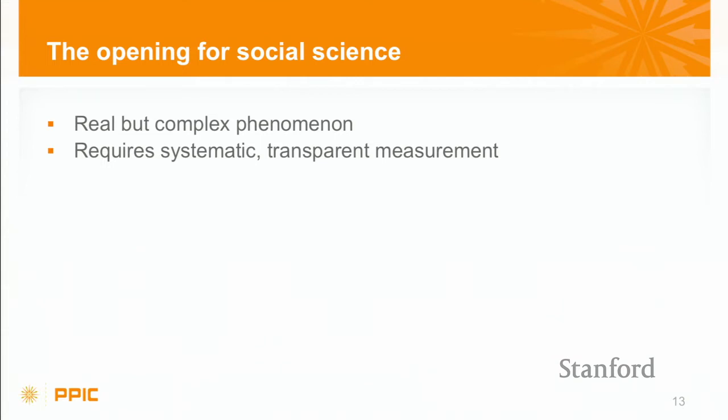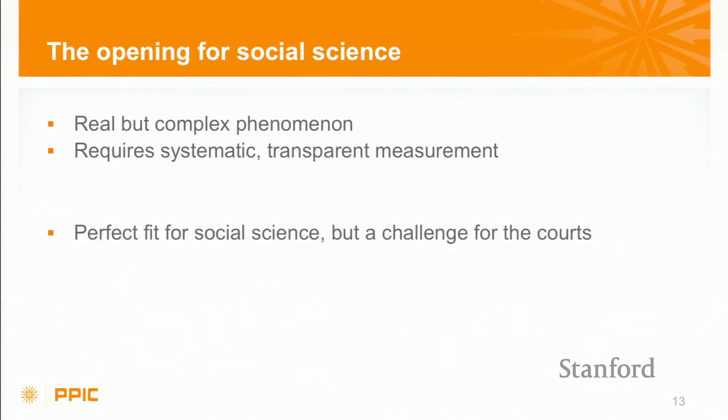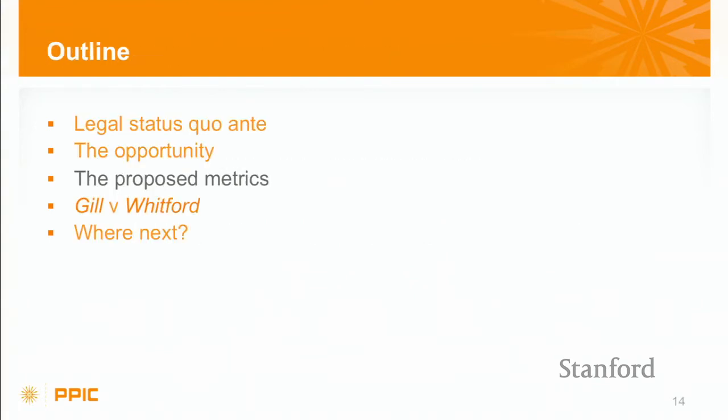We had this standard we developed, and when we apply it to this case, here's what it produces, right? It's not us. We're not trying to make the Republicans win or the Democrats win. It's the formula or the standard. So it's kind of a perfect fit for social science, but I think it's a challenge for the courts, and I'll get into that in a little bit.